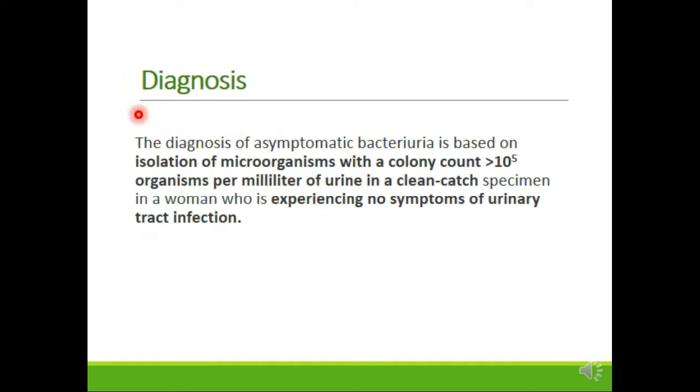Diagnosis of asymptomatic bacteriuria: the diagnosis is based on isolation of microorganisms with a colony count of 100,000 organisms per milliliter of urine in a clean-catch specimen in women who are experiencing no symptoms of urinary tract infection.